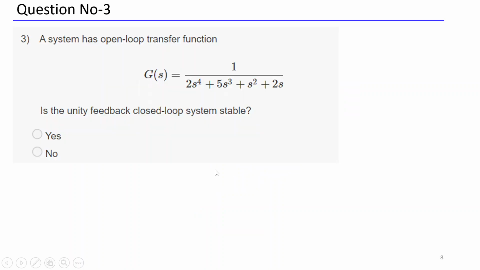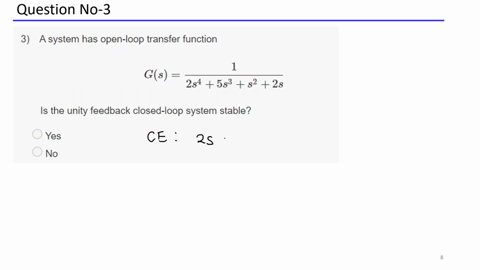Let's solve this question. A system having an open loop transfer function is given. Is the system stable or not? Directly from this open loop transfer function, I am writing the characteristic equation, as I told you how to write it.